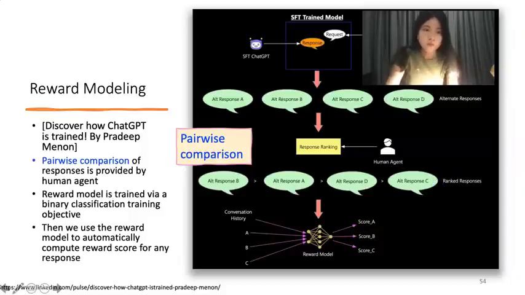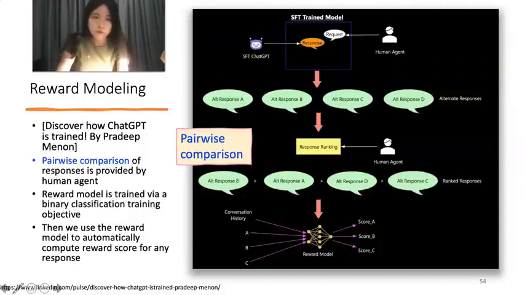And here's a general illustration of how you train your reward model. Suppose we already have our supervised trained model, that is our SFT model, and you can query your SFT ChatGPT given your request, and generate alternative responses A, B, C, D, and you let the human agent give you his or her judgments about the response ranking in a pairwise comparison way.